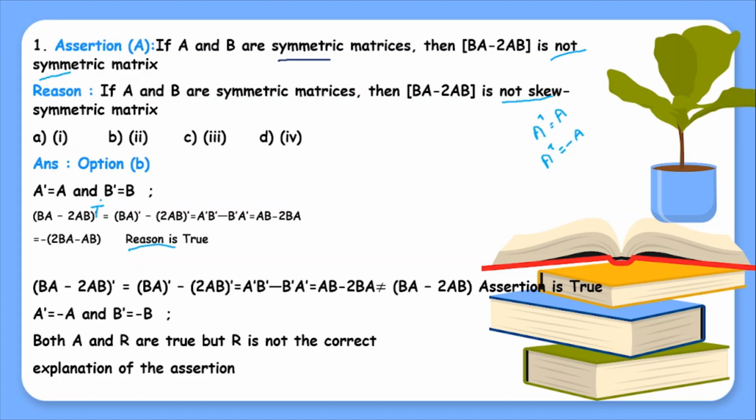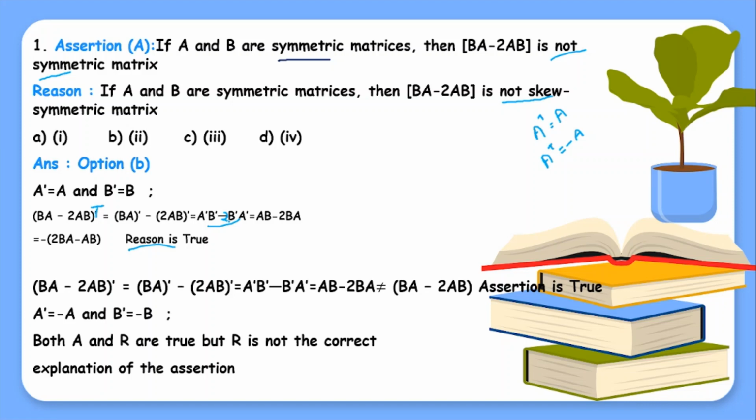When you transpose it, the individual transposes are written: the transpose of BA minus the transpose of 2AB. When you open the bracket, the reversal law is used. So A dash B dash minus 2 times B dash A dash. When you simplify this, you will get AB minus 2BA.